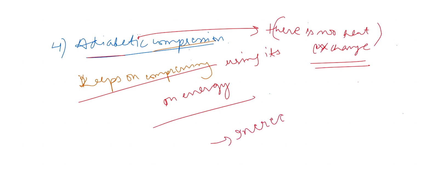So these are the four processes of the Carnot cycle. Okay.